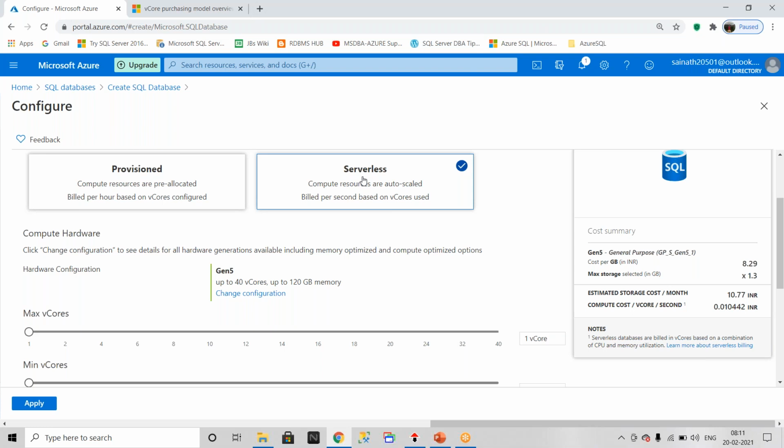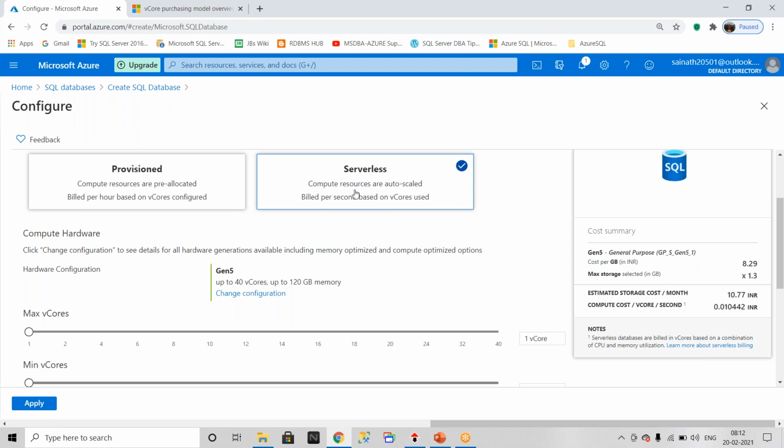Once it crosses the hour, for example, at 10 o'clock it is 10:01, Microsoft will charge for 1 hour, even if you cross by 1 second or 2 seconds. Microsoft will charge hourly, even if you are not using it after 2 seconds or 1 minute. When you go for serverless, Microsoft charges per second, sir.